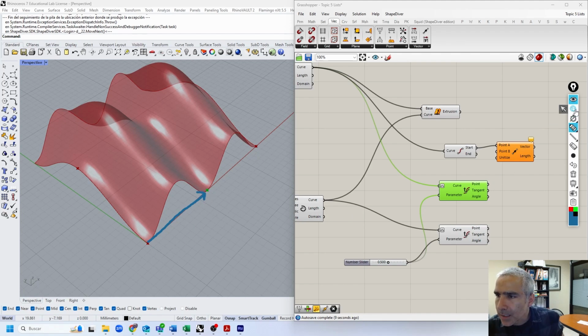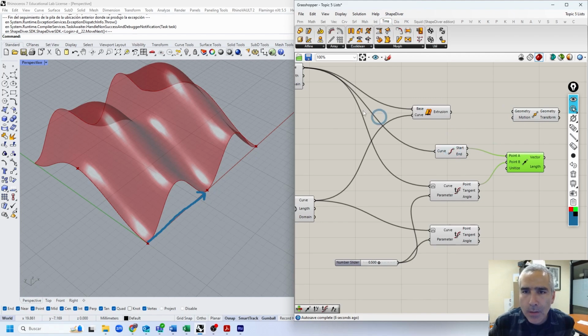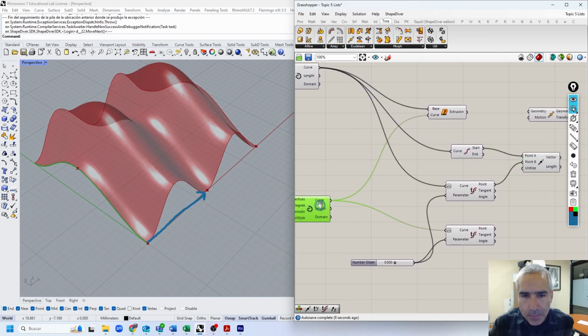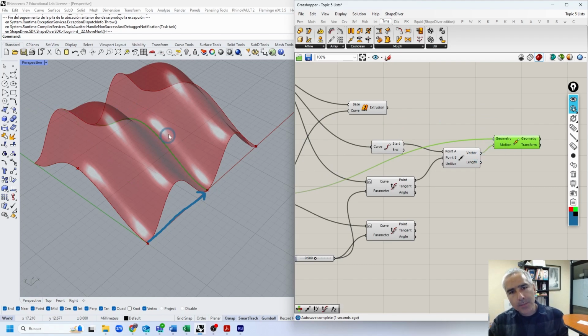Let's get that vector. And what I'm going to do now is translate or move this curve to that point. So there it is, right? Again, just remember this is at t equals 0.5.